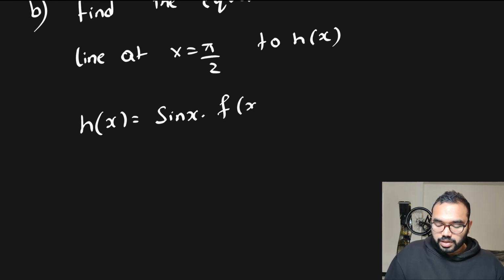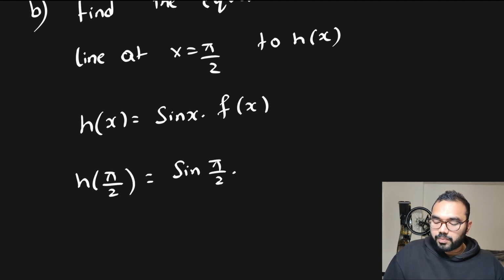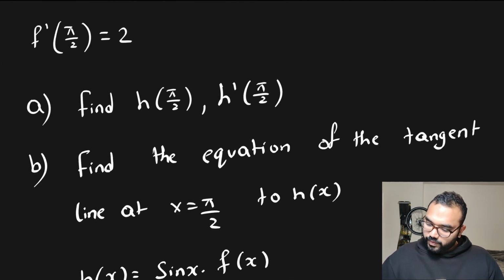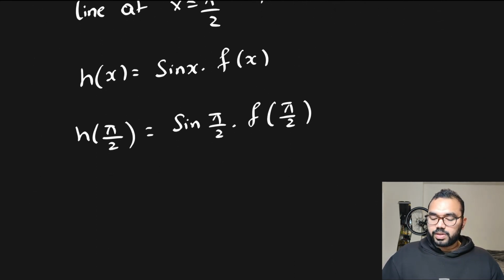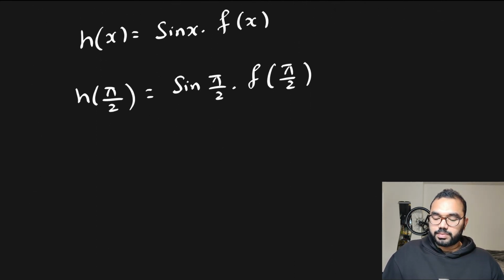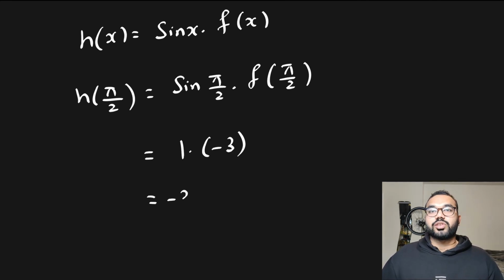So the first question is asking h of pi over 2, which is sin pi over 2 times f of pi over 2. Let's see the value of f of pi over 2. F of pi over 2 is negative 3 in the question. And sin pi over 2 is nothing but sin 90 degrees, which is simply 1. 1 times negative 3 is negative 3. Okay, so the h of pi over 2 value is negative 3.